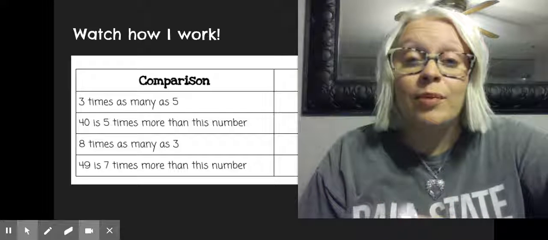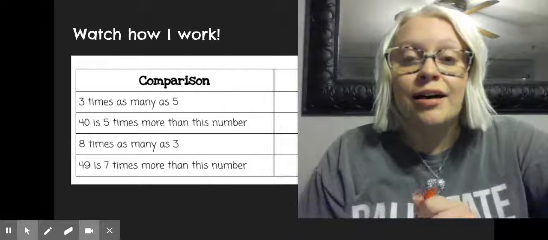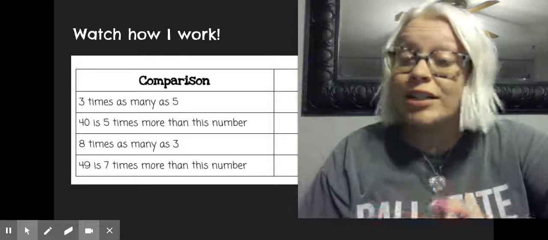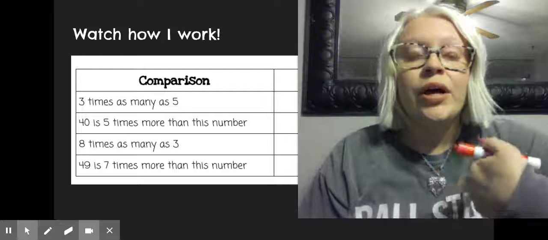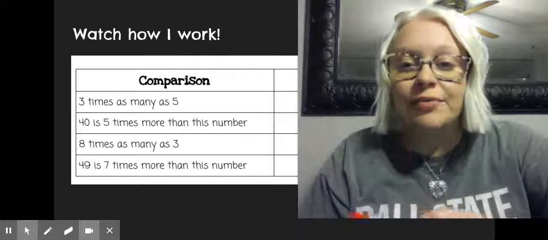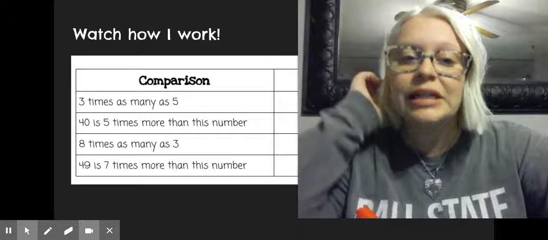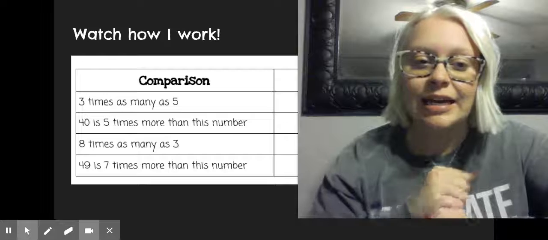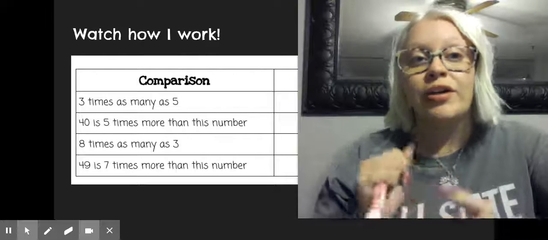If you get a problem wrong and you scroll down when it tells you that it's incorrect, it usually tells you how to do it correctly or how to fix your error. So if you're not reading their explanations, then you're really missing out on some valuable feedback that can help you become a better learner.